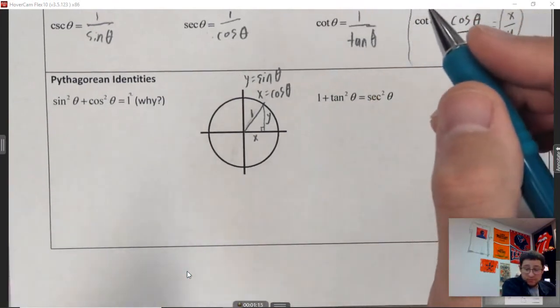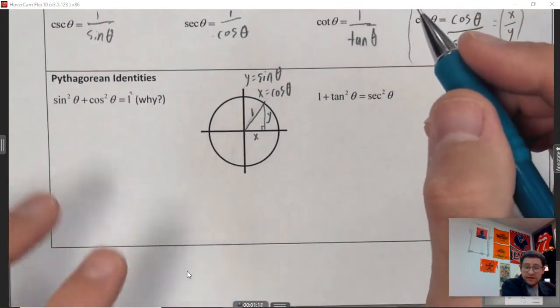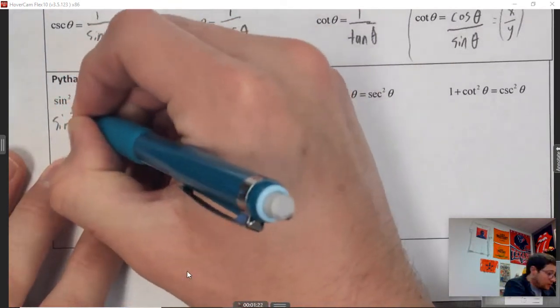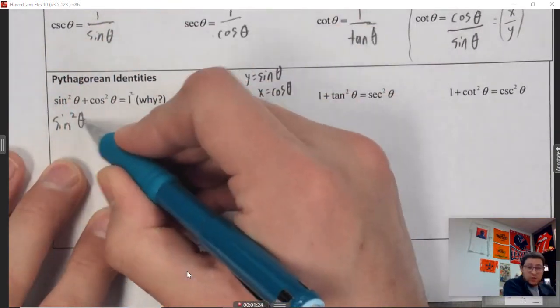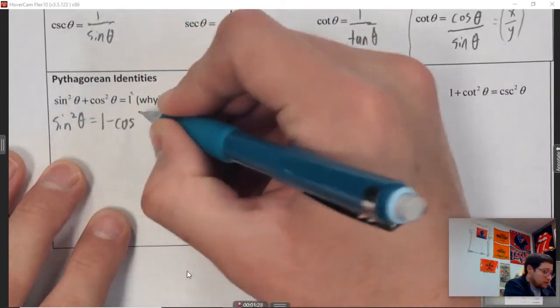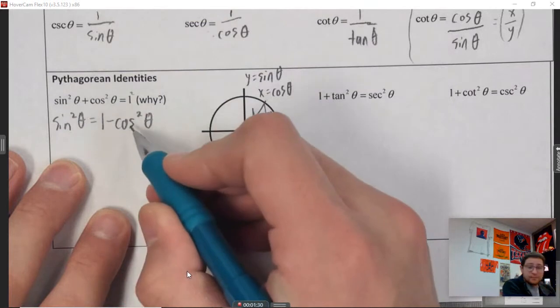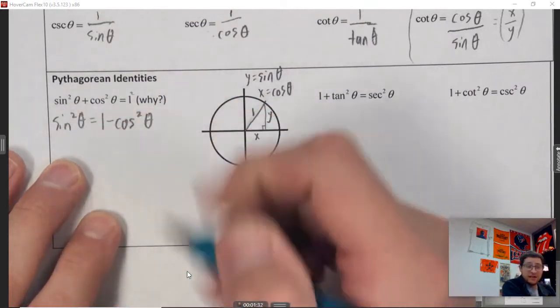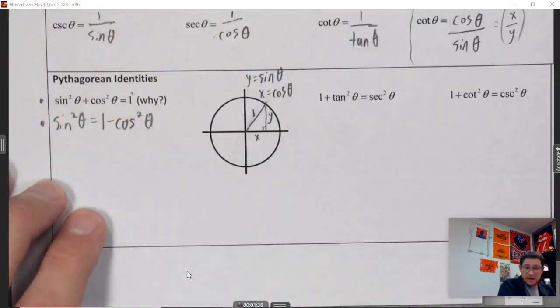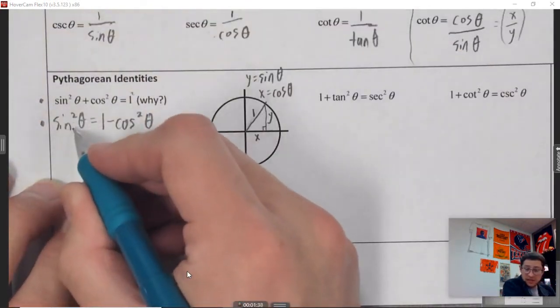Well, we're actually going to now isolate a few different things. Let's isolate sine squared. So we're getting sine squared of theta by itself. That means we've got 1 minus cosine squared of theta. That's a Pythagorean identity, because we isolated sine squared.